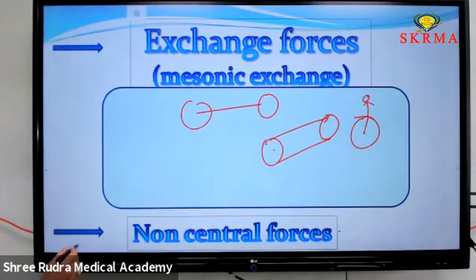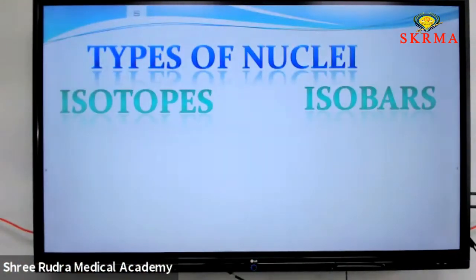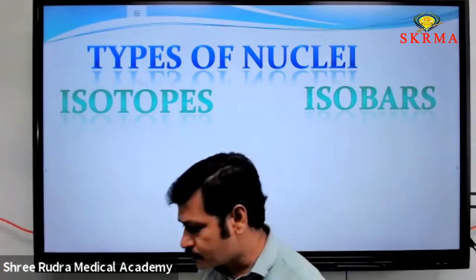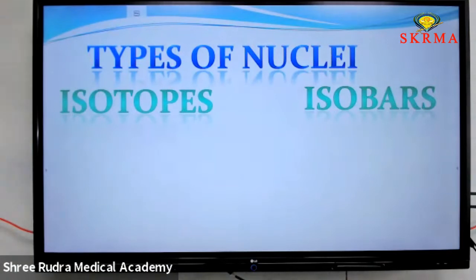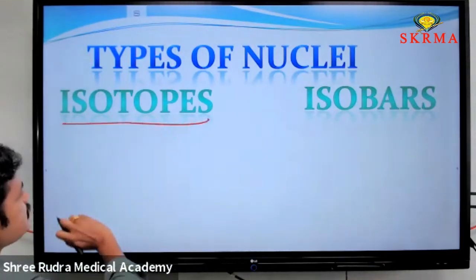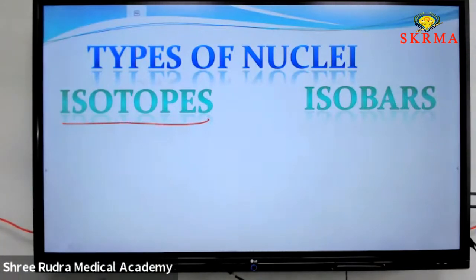Let's see the next concept. What are the types of nuclei? There are several types of nuclei. Here, the first type is isotopes. In which case is the nucleus said to be an isotope?